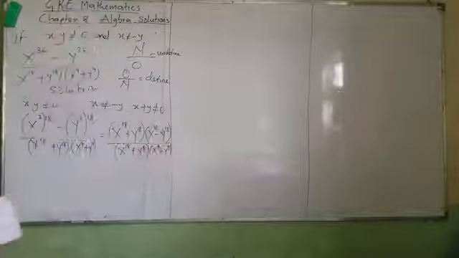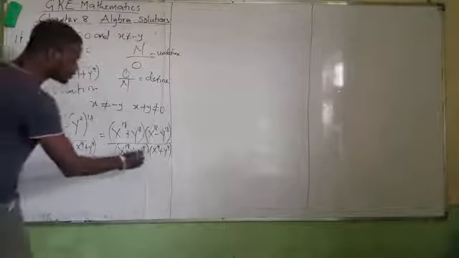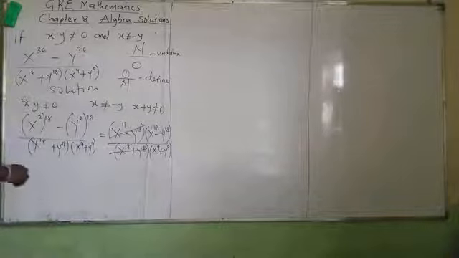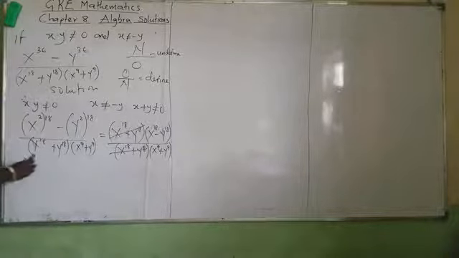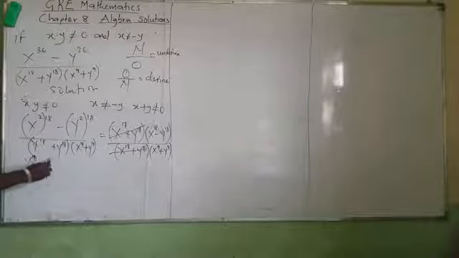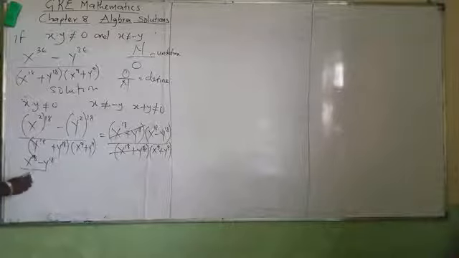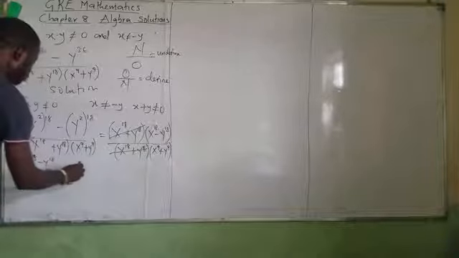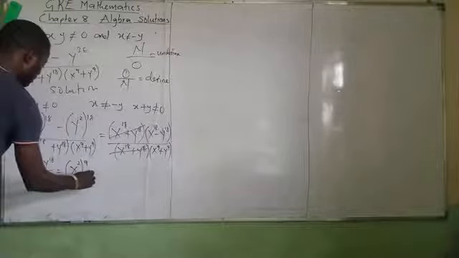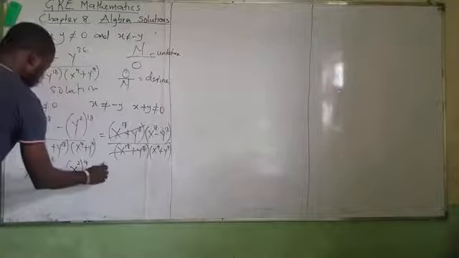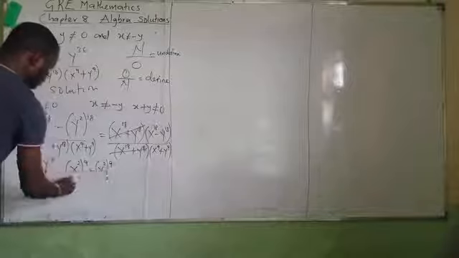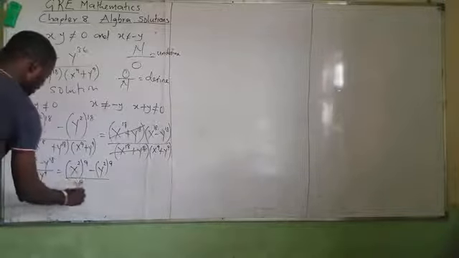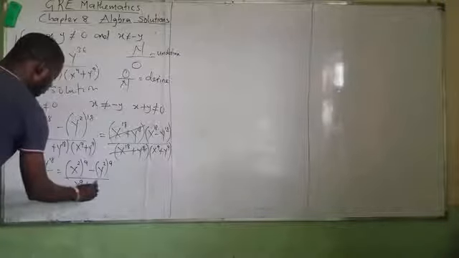Now, successfully, this will cancel this. Left with x 18 minus y 18 divided by x 9 plus y 9. Now, I can also move on with this, which I will have as x raised to power 2 of 9 minus y raised to power 2 of 9, divided by x 9 plus y 9.